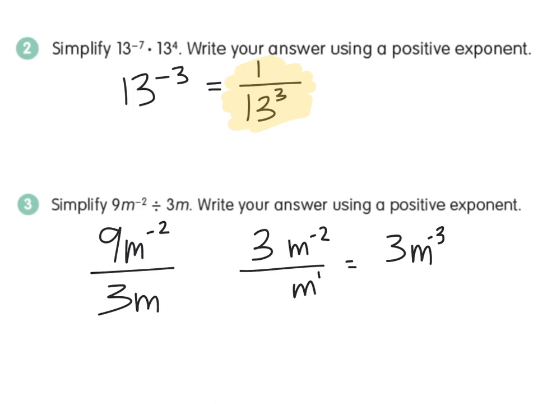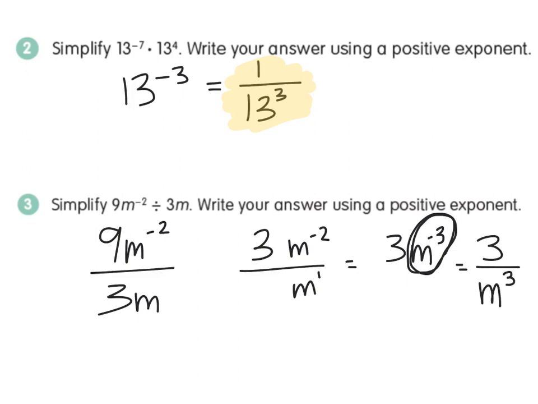Now they want us to write our answer using a positive exponent. Remember how to do that. Anytime you have something that has a negative exponent, you can write it as a fraction with a positive exponent. So I'm going to say this is equal to 3 over m to the power of 3.